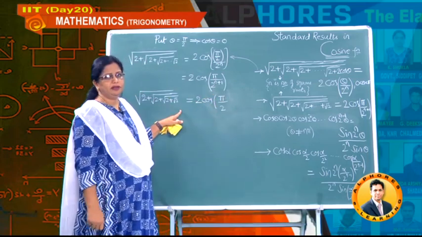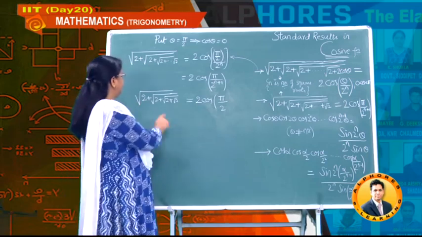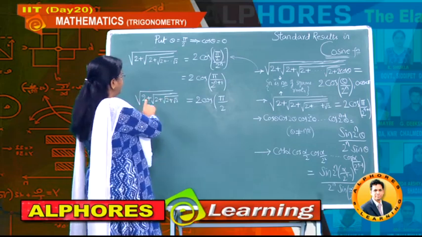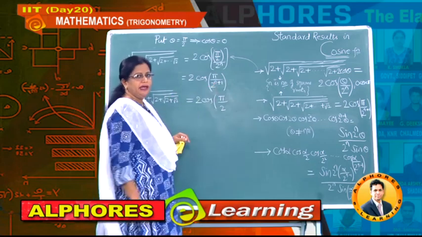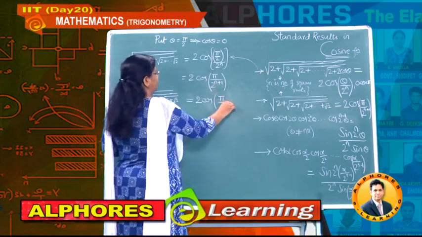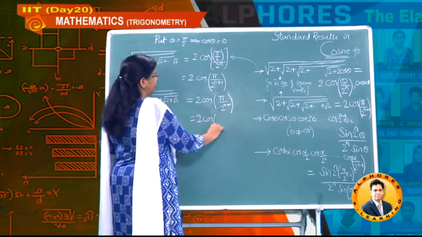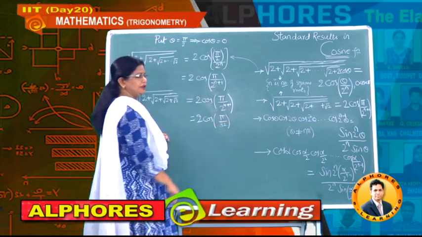What is n here? The number of square roots. How many square roots are there in the problem? 1, 2, 3, 4. So 4 square roots are there, therefore n is 4, 4 plus 1, and thereby this is 2 cos pi divided by 2 to the power of 5, that is 32.